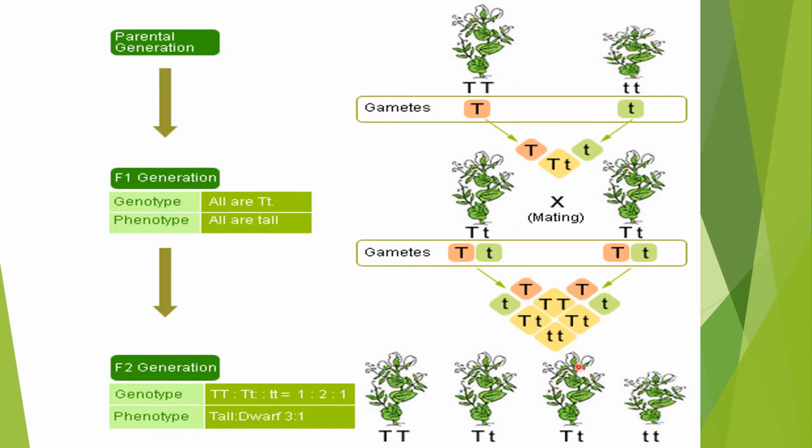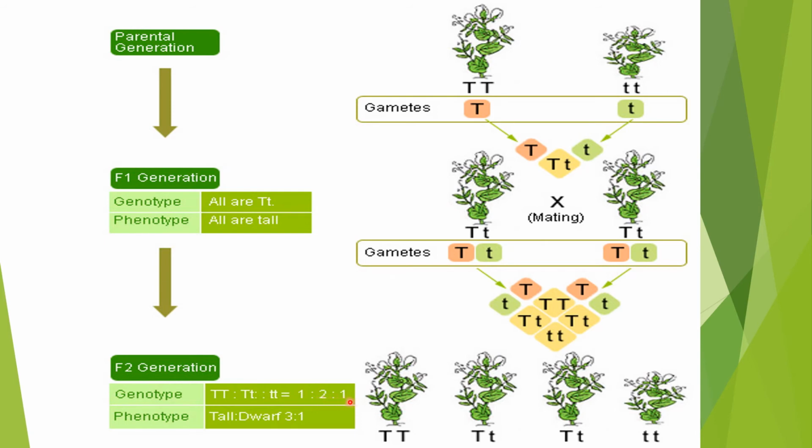Now, if I find out the ratio for the genotypes and also for the phenotypes, so what is the genotypic ratio? Genotypic ratio is 1:2:1 because 1 homozygous dominant, 2 heterozygous dominant and 1 homozygous recessive.